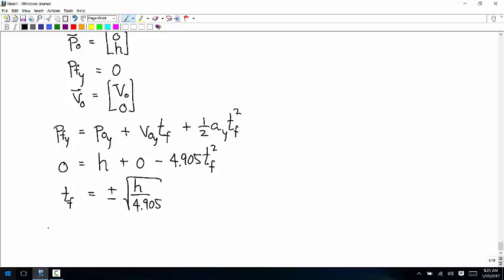And the thing to notice is that capital V0 never came into the equation.